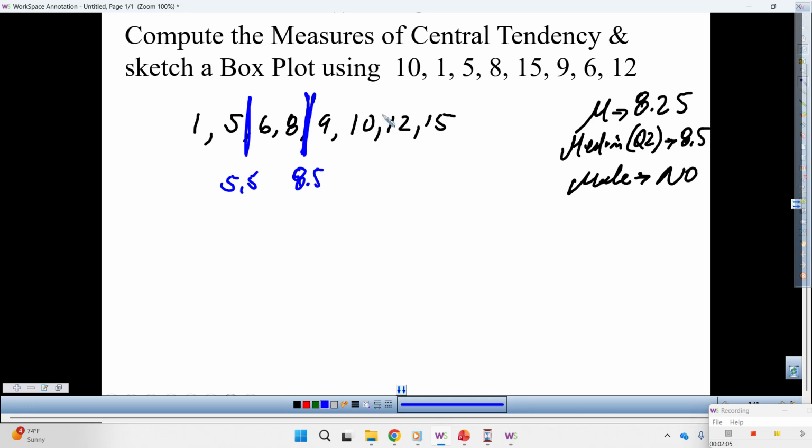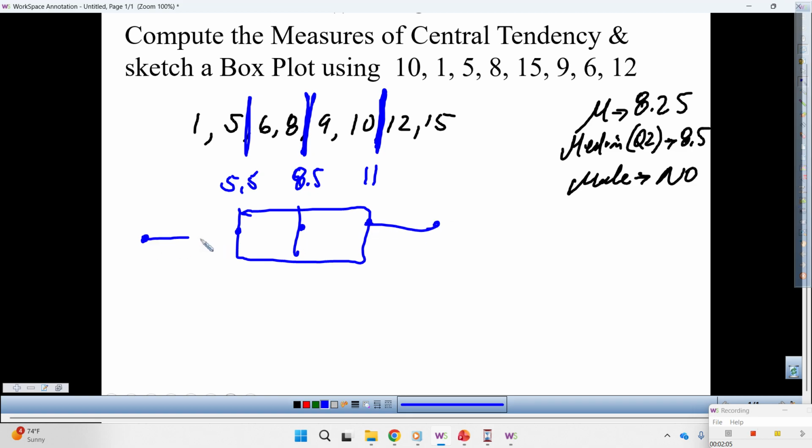What was it? 11. That is correct. So we have 1 at the end with a minimum, 5.5 Q1, Q2 is 8.5, and 11 for our box. And our max is 15. Hands if you got something like that.